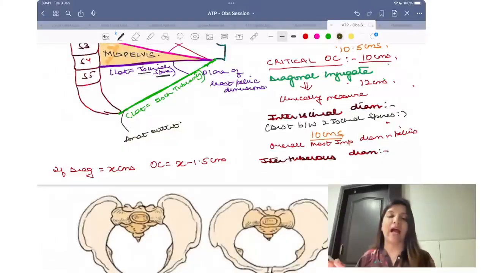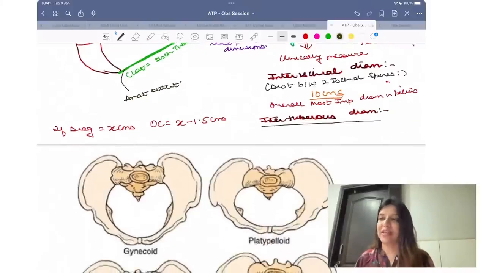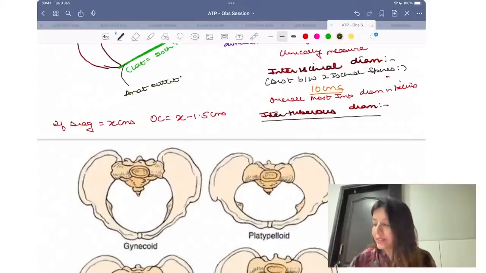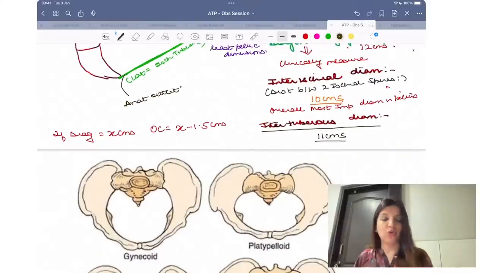The transverse diameter of the anatomical outlet will be the distance between two ischial tuberosities, and that is why it is called the intertuberous diameter. Intertuberous diameter is 11 centimeters. Clear to all of you?